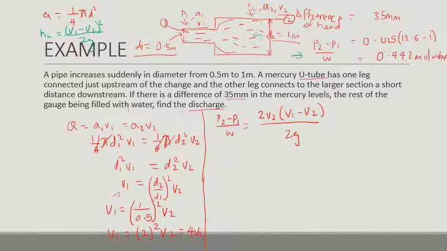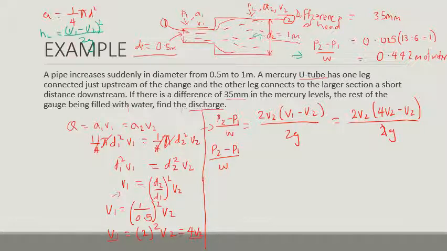So we can now substitute in this equation V1 is equal to 4V2. So anywhere we see V1, we substitute 4V2. So basically P2 minus P1 over W is equal to 2V2 into bracket 4V2 minus V2 over 2G.